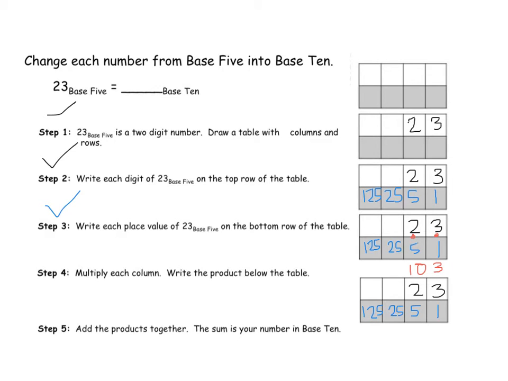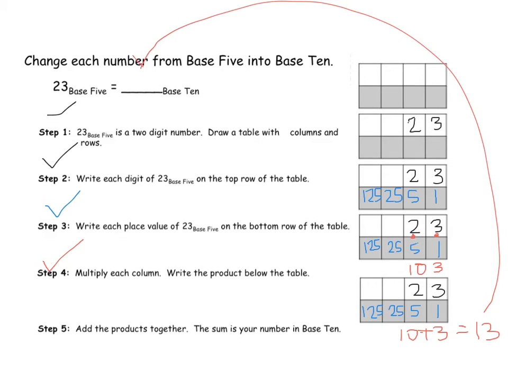So that was our step 4. Our last step is to add those products together. So 10 plus 3 gives me 13. So that is my final answer. The number 2, 3 in base 5 is the number 13 in our base 10 system.